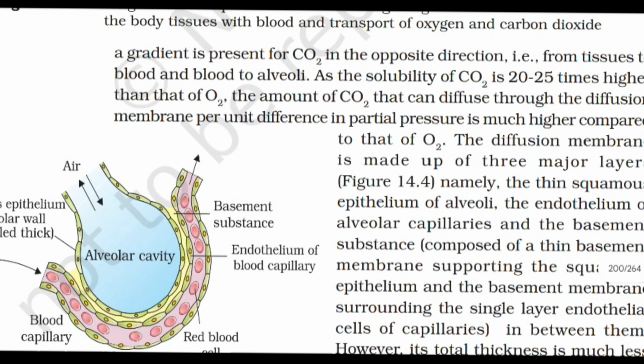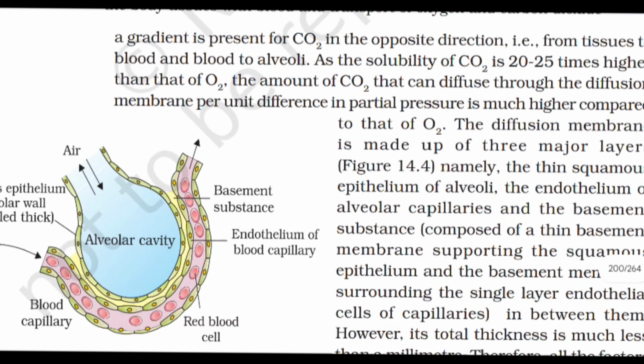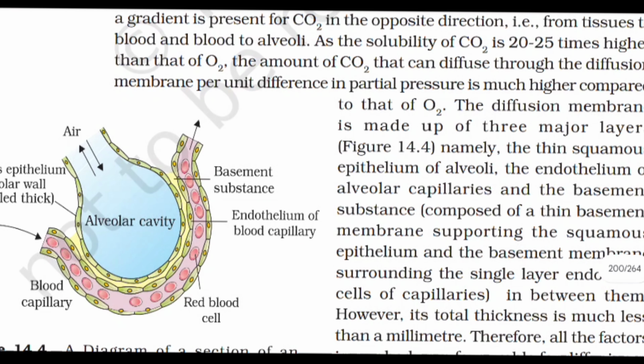The diffusion membrane is made up of three major layers, namely the thin squamous epithelium of alveoli, the endothelium of alveolar capillaries, and the basement substance that is composed of a thin basement membrane supporting the squamous epithelium and the basement membrane surrounding the single layer endothelial cells of the capillaries in between them.